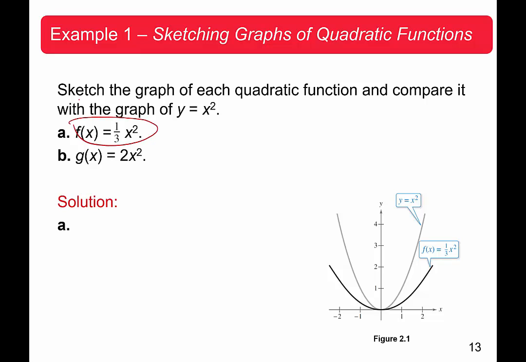So going from y equal to x squared to f of x, we need to do a vertical shrink by a factor of 1/3.